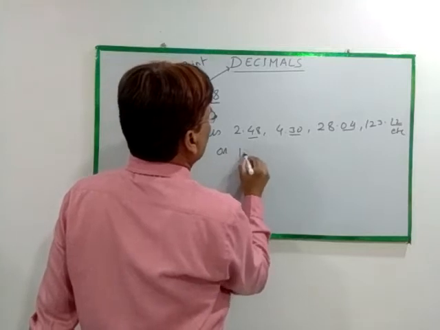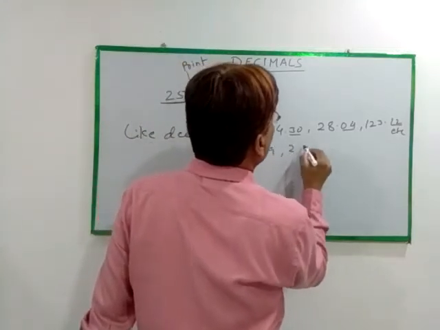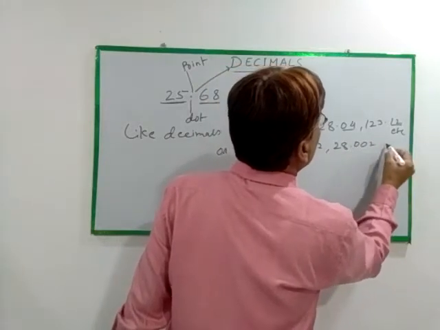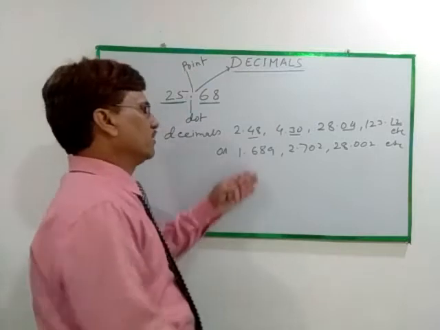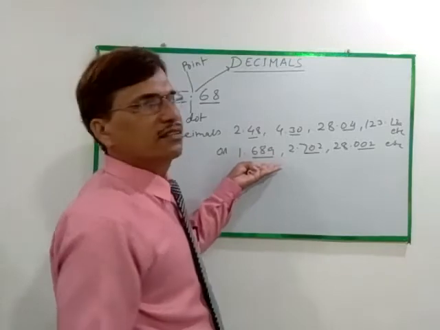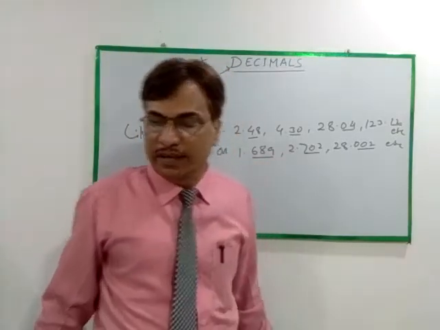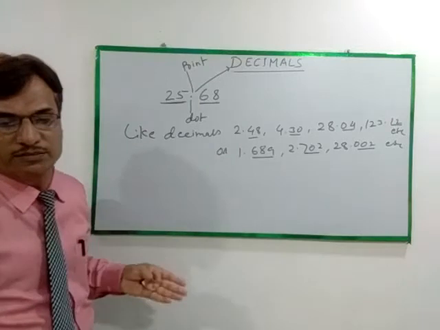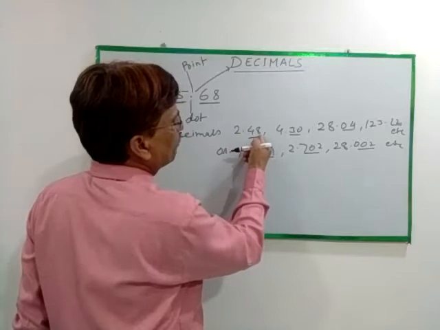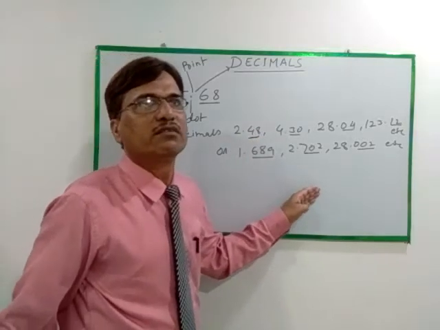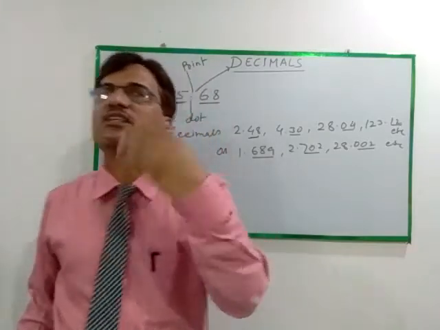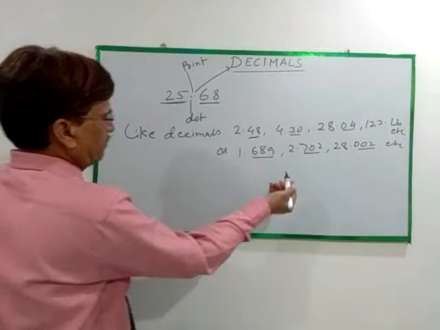Or 1.689, 2.702, 28.002. These are also like decimals. Decimals having the same number of places are called like decimals. Okay. Otherwise, the decimals are unlike.